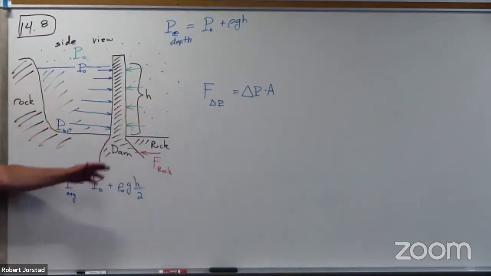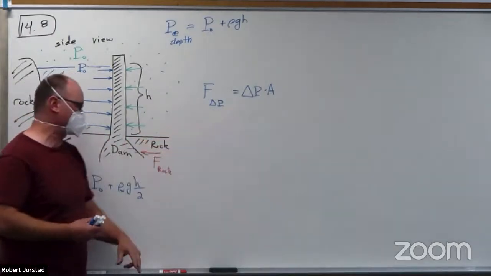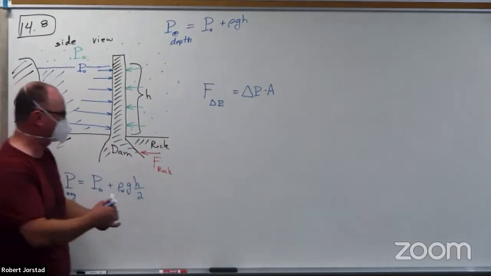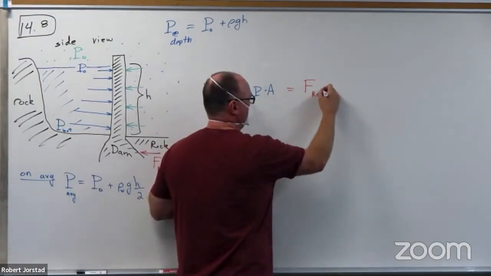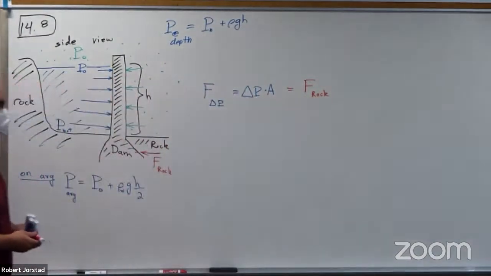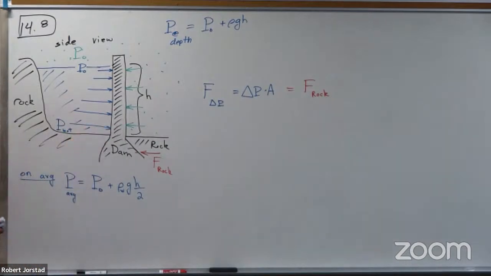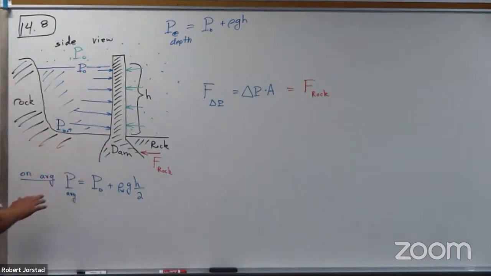And do you agree, if we don't want this dam to be moving, the force associated with that pressure differential must be balanced with this force of the rock? So this gives us a simple version of a dam, where it gives us an idea of how much force needs to be exerted on the dam by the bedrock to keep it from blowing out. Obviously, there are forces up and down. We're ignoring those for now, okay? I'm worried about the lateral forces.